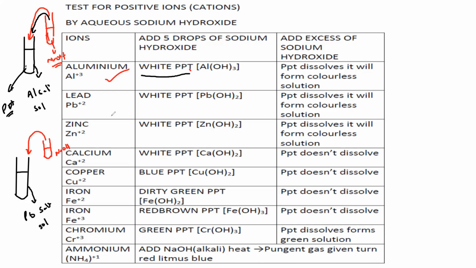What is the meaning of white PPT? It means when we mix two solutions and a solid is formed, we call that solid PPT. So as a result of this mixing, a white precipitate will form.